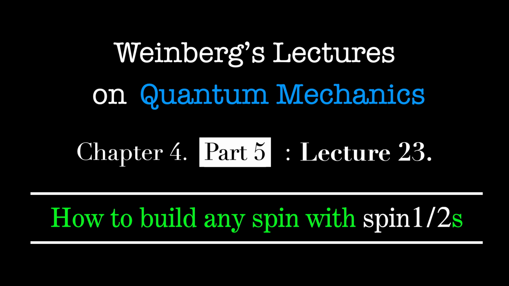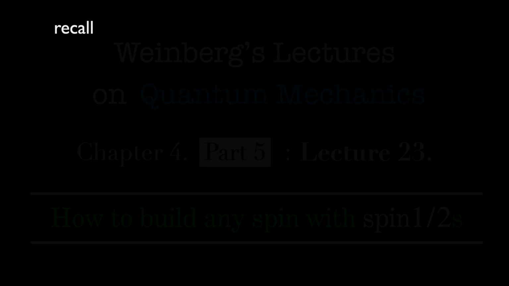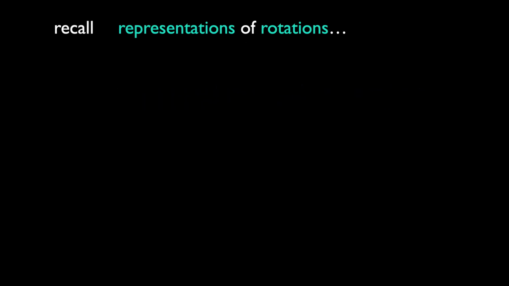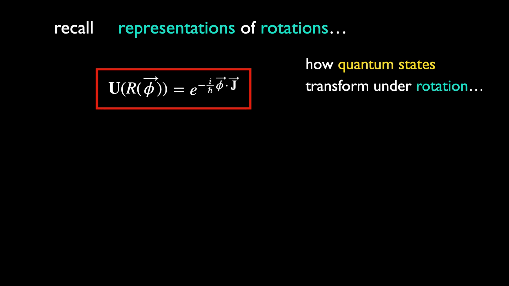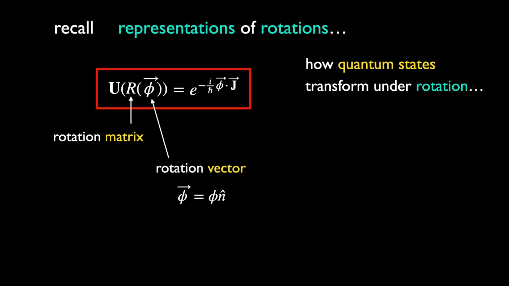But before we go into all that, let's review what we know about the representations of rotations. A representation of rotations consists of two parts. The part being rotated, that in the context of quantum mechanics means quantum states, which are vectors in Hilbert space, and the part doing the rotating, operators that live in the same space. These are unitary operators that take in the rotation matrix R as parameters. R rotates the familiar 3D vectors around the direction and by the magnitude specified by the rotation vector.